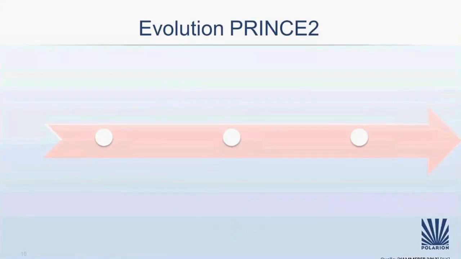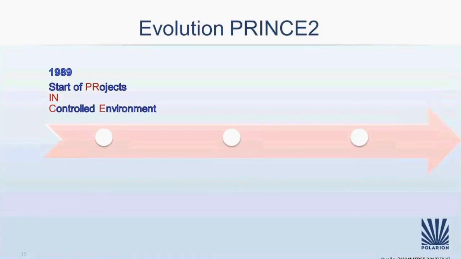If we have a look at the evolution of PRINCE2: PRINCE2 was developed in 1989 by the British government, the Office of Government Commerce. They built PRINCE as an official standard for IT projects. PRINCE stands for Projects in Controlled Environments. So you want to control your project, to make it successful.